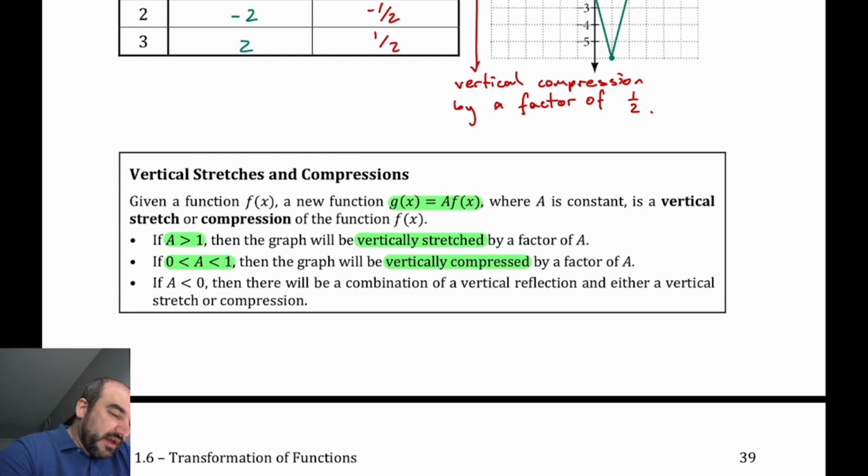What happens if a is 1? Because that's not really considered in these two examples. What do we think happens if a was equal to 1?